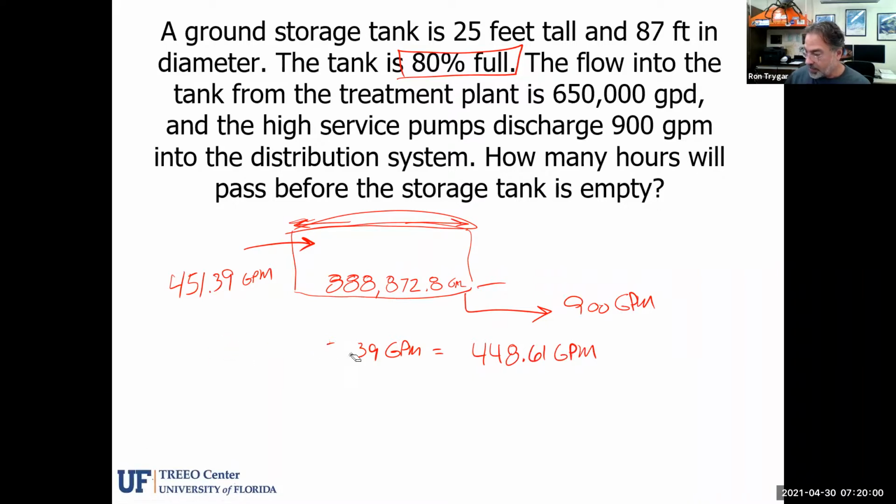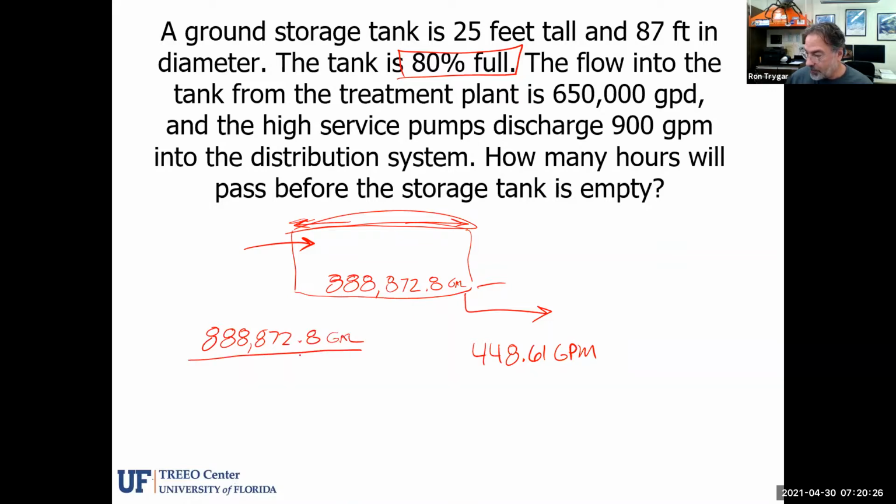Let me go back and erase this and get this out of the way. So there's our true flow out. Let's erase that, because we're done with those numbers, and back to our pen. So now the tank contents right now is 888,872.8 gallons.